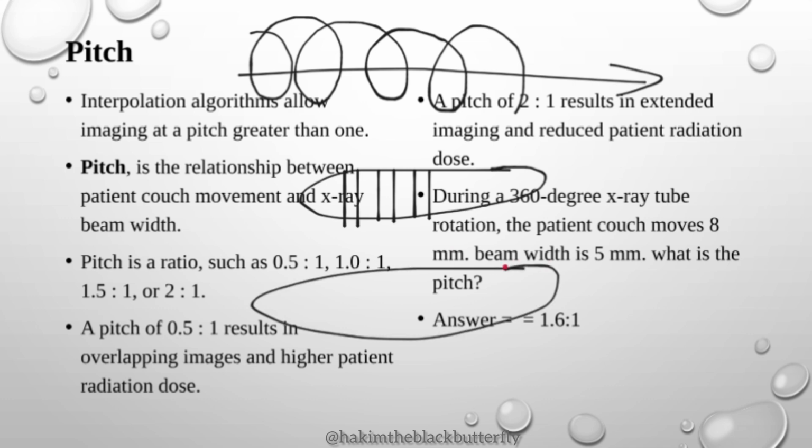The detector and the tube rotation and also the table speed match each other, such that if a slice is created here, the second slice shares a boundary with the first, and it is created here. There is not any missing tissue. And then the third slice shares a boundary with the second. So this is the first slice, second slice, third slice.